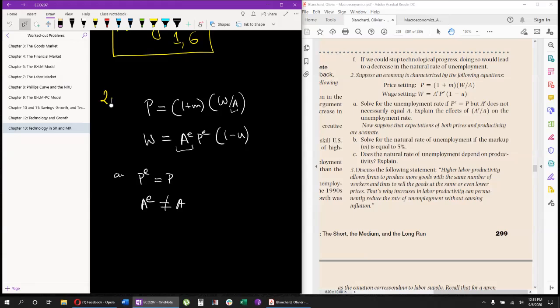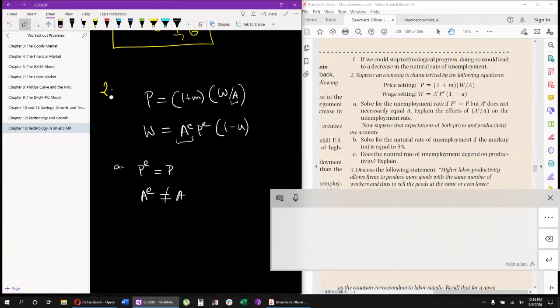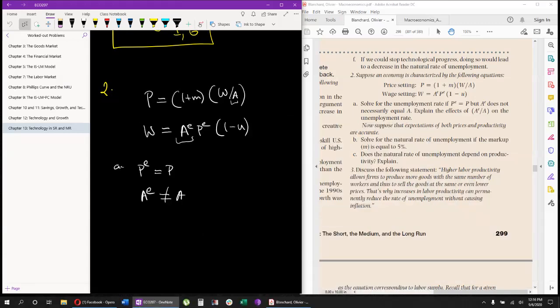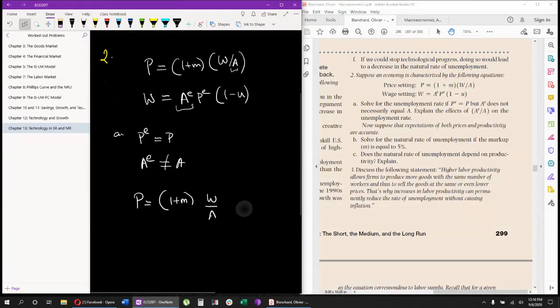Okay, that's pretty straightforward. We start off with the price setting relation, which is 1 plus m w by a. From here, you guys know what to do. We find the value of this, which is real wage, which will be equal to a divided by 1 plus m.